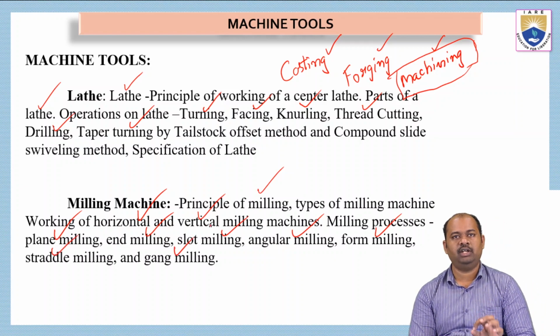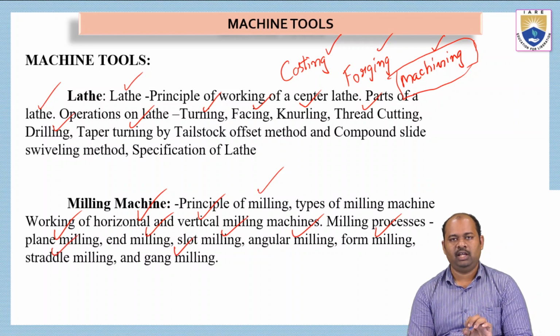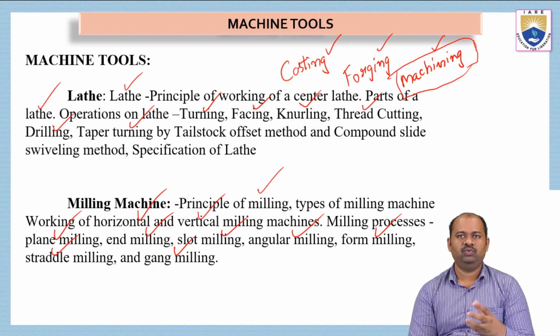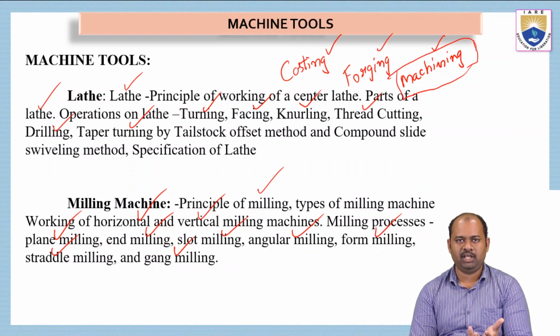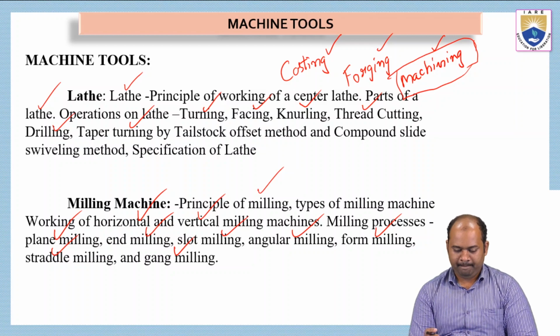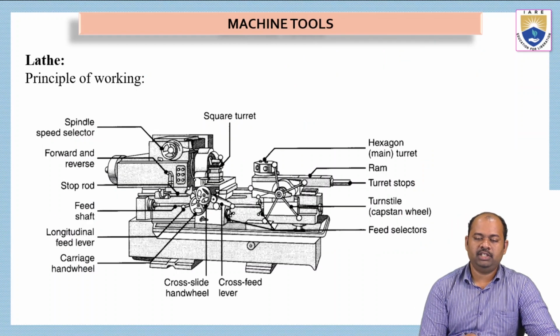We are going to study each and every process in order to understand the milling process, which can be done in multiple ways depending on the type of application or the condition in which the workpiece has to be converted into the required shape. Now, let us see the principle of working.